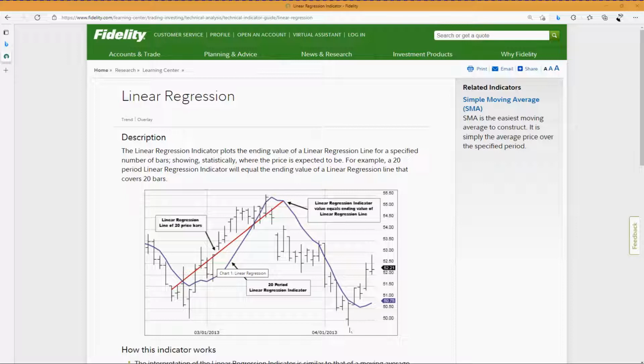So it's very simple. It's like a moving average, but much better because you're using linear regression and the least squares method to fit your data, the number of bars in between these points.